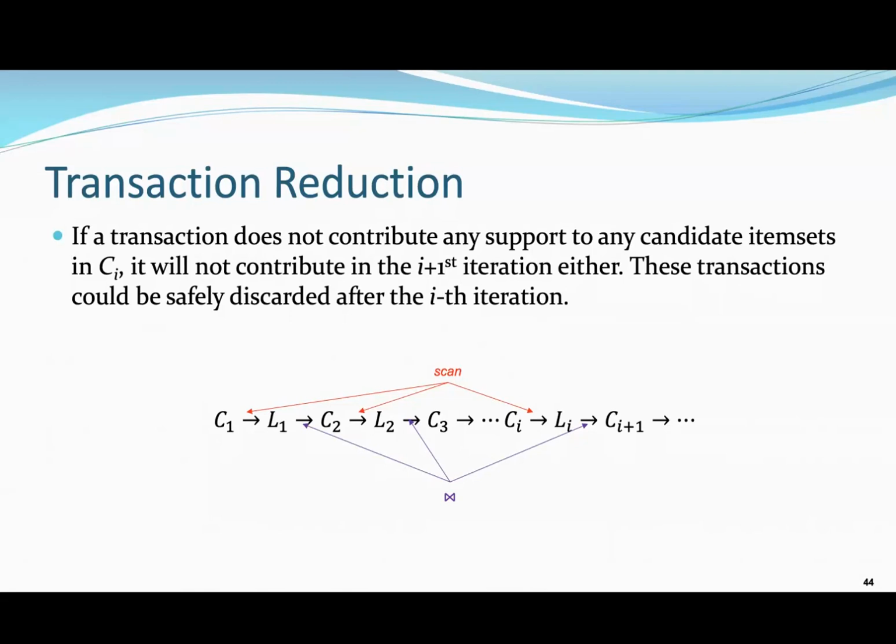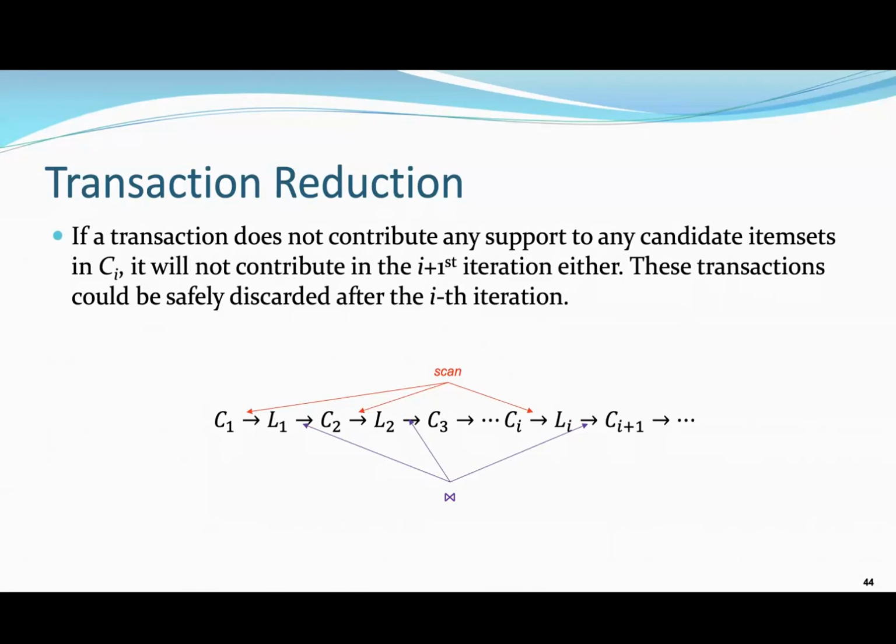So again, one more time, from C1 to L1, from C2 to L2, from C3 to L3, or in general, from Ci to Li, we have to do one scan of the database, okay? And from L1 to C2, L2 to C3, or Li to Ci+1, this is about the a priori GEN procedure, joining the items to obtain a candidate item set, okay?